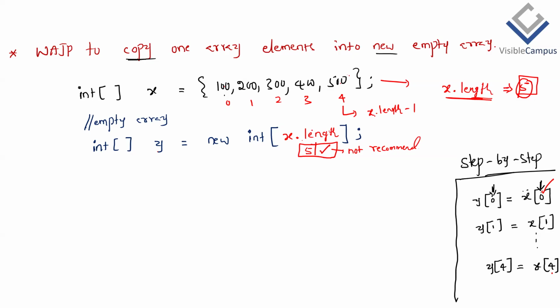Yes or no? So based on this understanding, take a for loop: for int i equals 0, indexes will start from 0, then i should be less than or equal to x dot length minus 1. Can we also use y dot length minus 1?